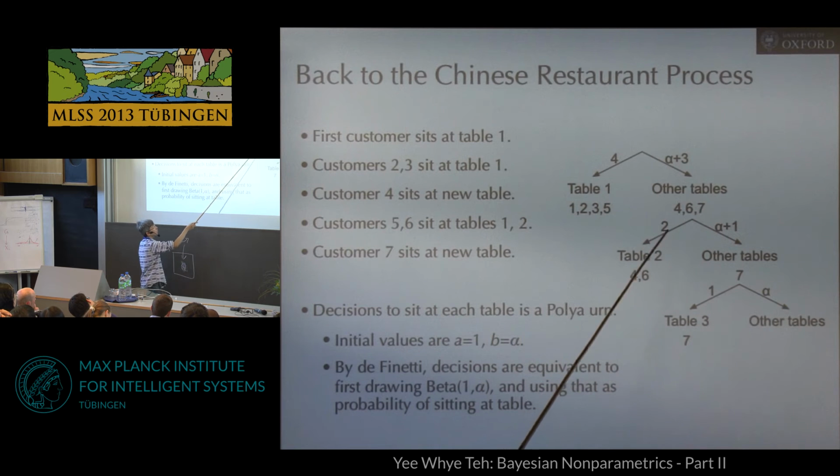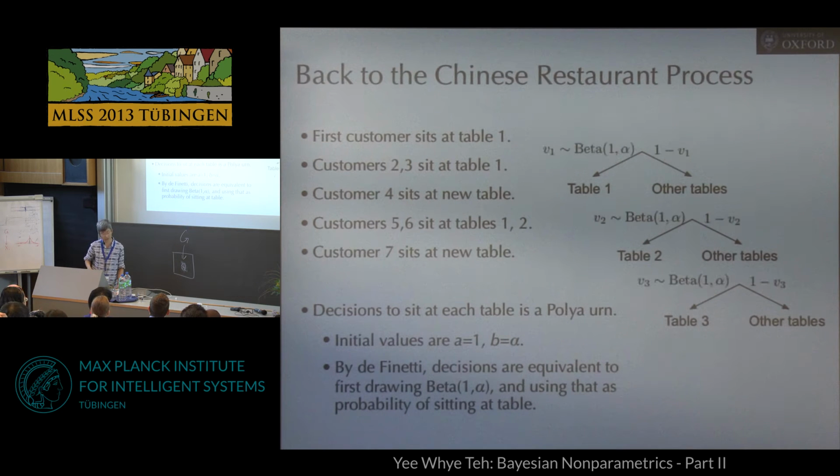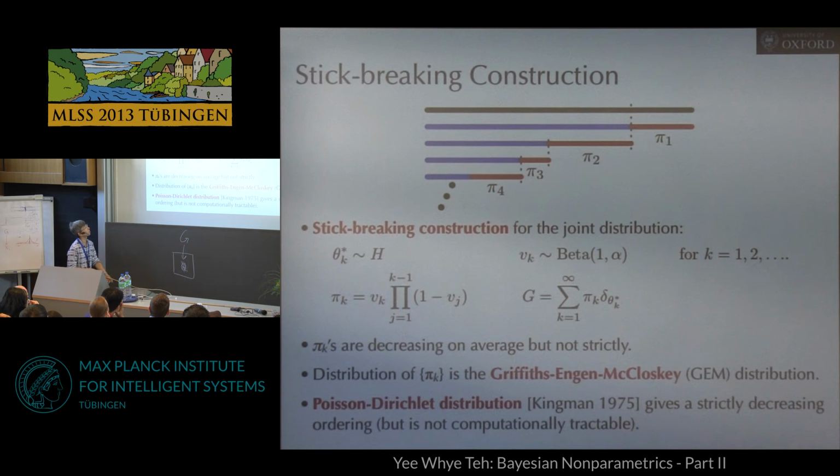Similarly, at this point here, we draw from a Beta(1, alpha), and that gives us the probability of sitting at table 2 if we didn't sit at table 1. That's exactly what the stick breaking construction is. So that gives you this sequence of independent betas, which gives you the stick breaking construction.